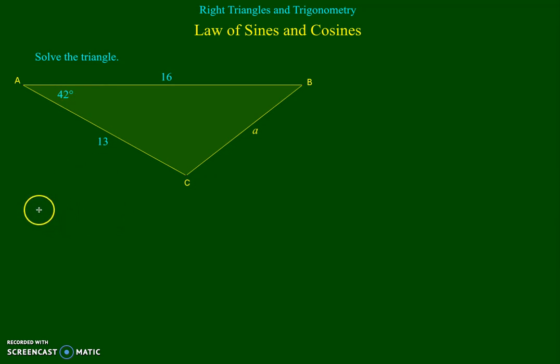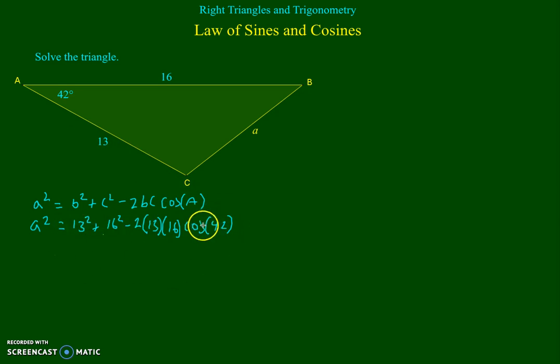Law of cosines says that a squared equals b squared plus c squared minus 2bc cosine of the angle opposite that side, cos A. So that means that a squared, this side, equals b squared, which is that side, plus c squared, which is this side, minus 2 times b times c cosine A, 42.